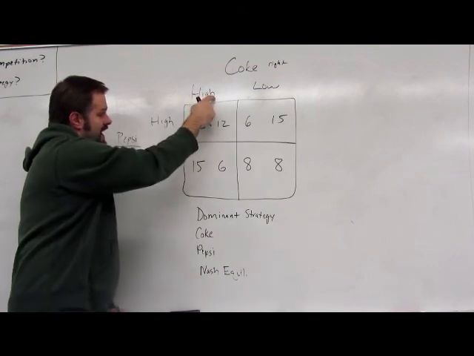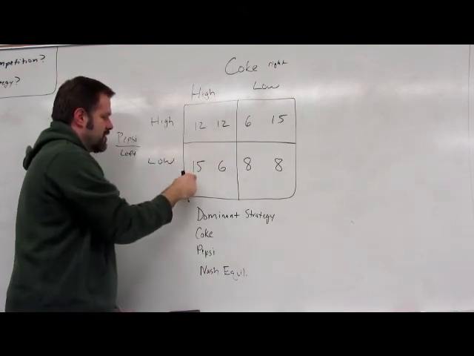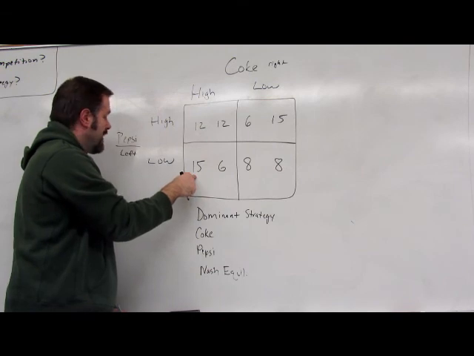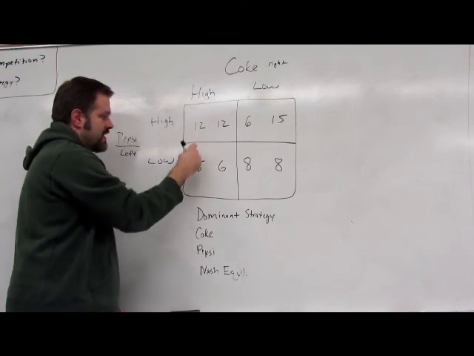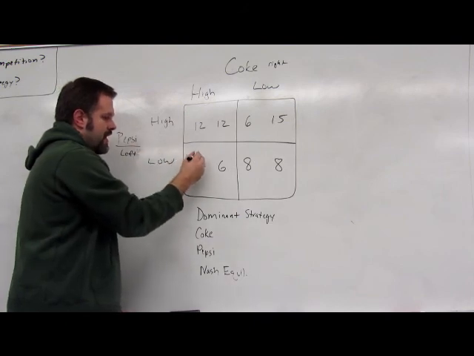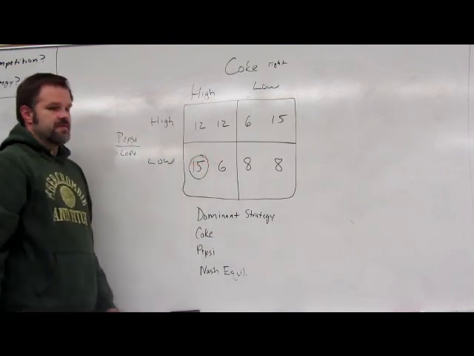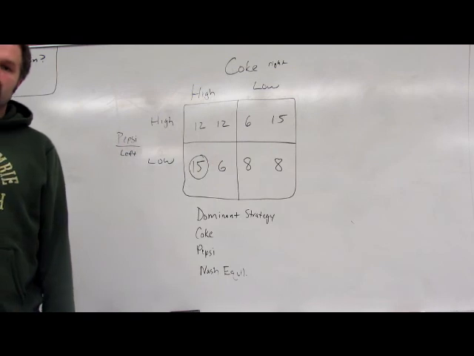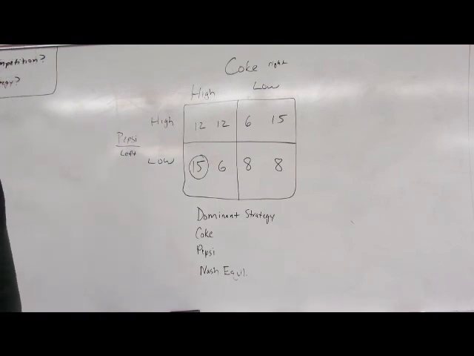If Coke charges a high price and Pepsi charges a low price, then Pepsi's going to end up making 15. So between these two numbers, Pepsi is going to want to make the higher number, which is 15. So in that case, Pepsi would go with a low price strategy.